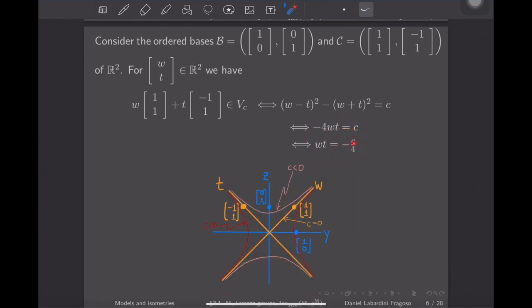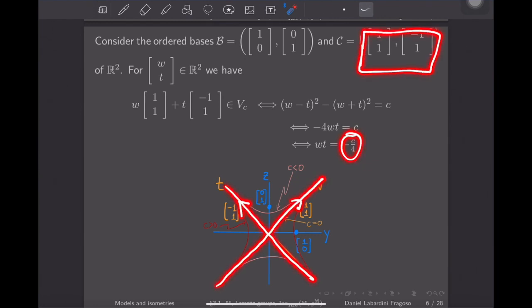And then for C positive, one has to draw it here, right? And for C equal to 0, of course, one obtains precisely the coordinate axes, but which coordinate axes? Well, according to the basis you are describing things with respect to, right?